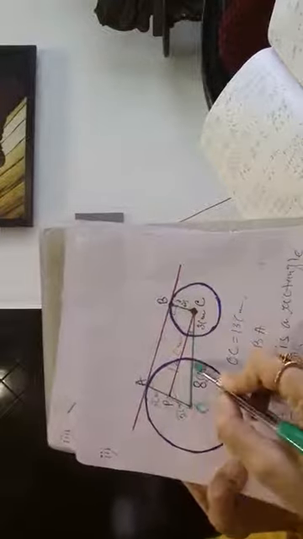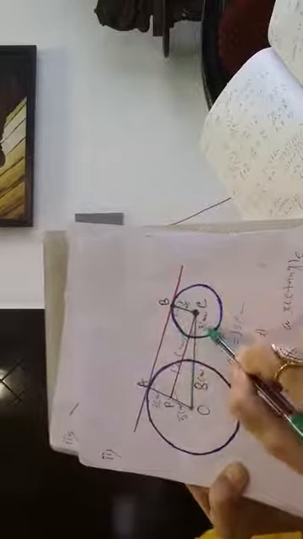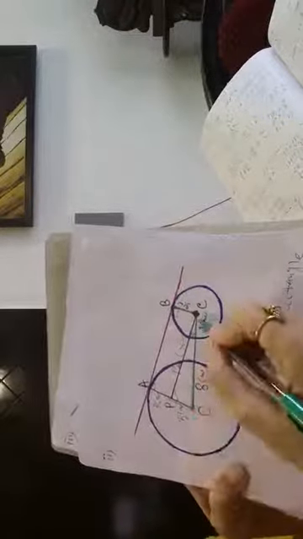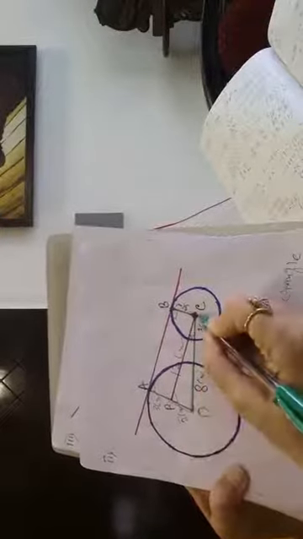Here I have drawn two circles. One is of radius 8 centimeter and another is of radius 3 centimeter. And the distance between the centers is given as 13 centimeter. This is O, this is C. So the distance between them, that means OC, is given as 13 centimeter.